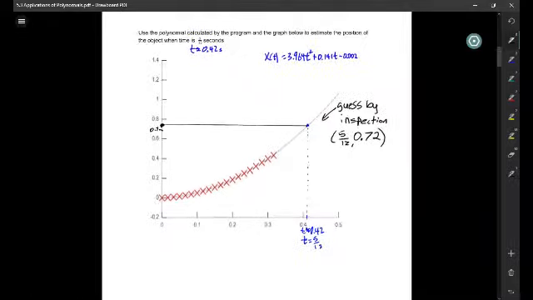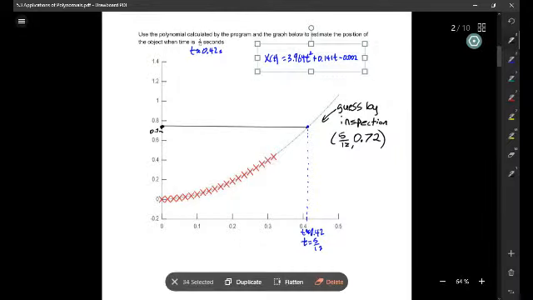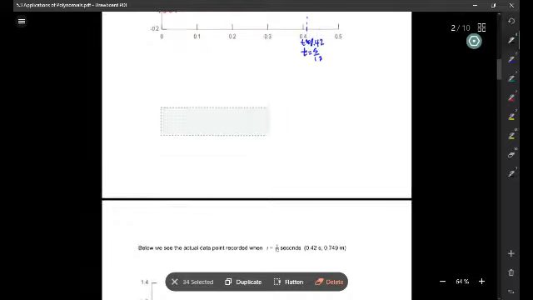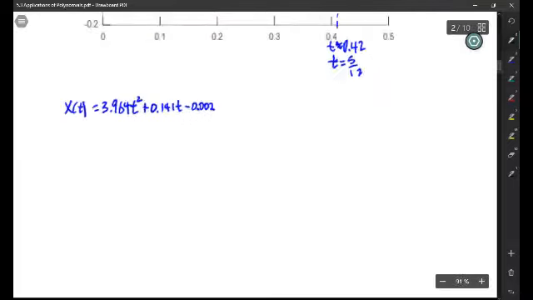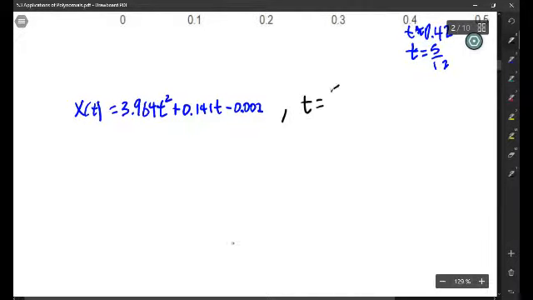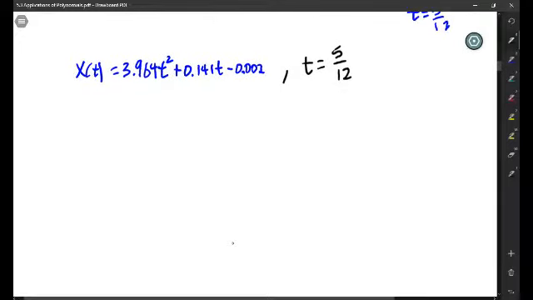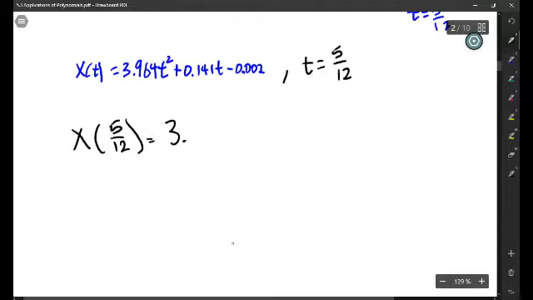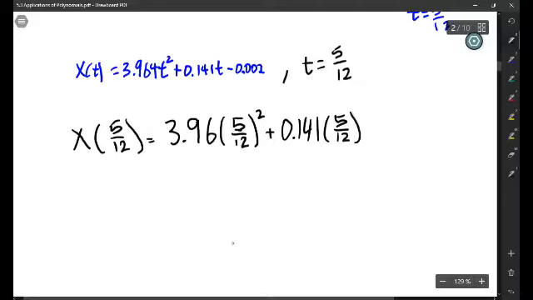Now to get the approximation, take our polynomial and we're interested in t equal to 5/12. So x of 5/12 is 3.964 times 5/12 squared plus 0.141 times 5/12 minus 0.002.